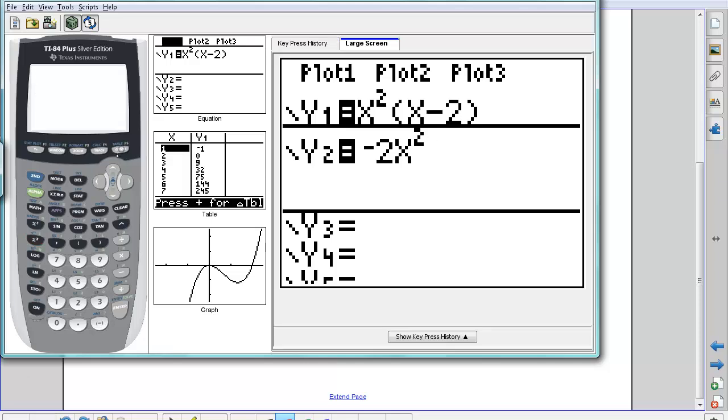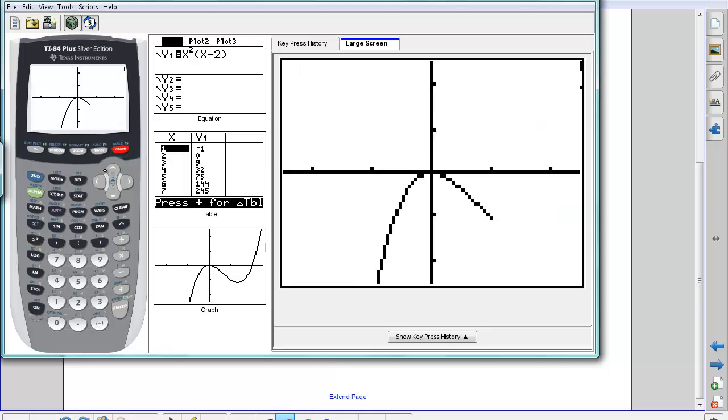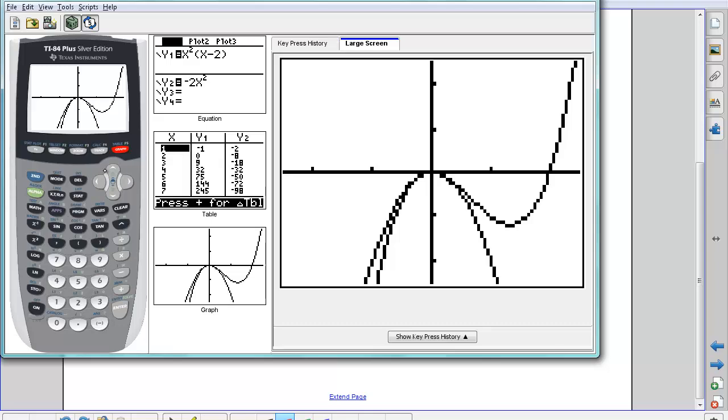Now if I graph those together, okay, there's my original, and there is negative 2x squared. Now what I want you to notice is this area right here. Those two graphs basically match up. For all intents and purposes, at this x-intercept, they're identical. They're right on top of each other. So that's pretty interesting. We can take x squared times x minus 2, and near this x-intercept, get something simpler, negative 2x squared, that matches it.